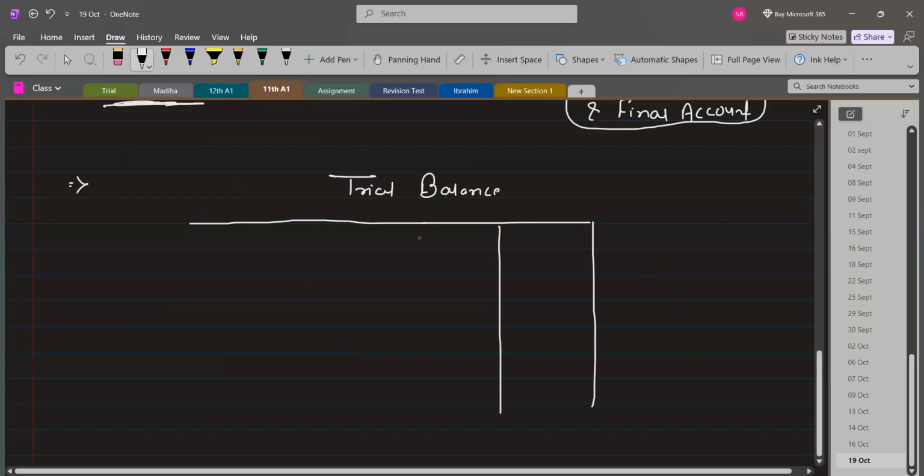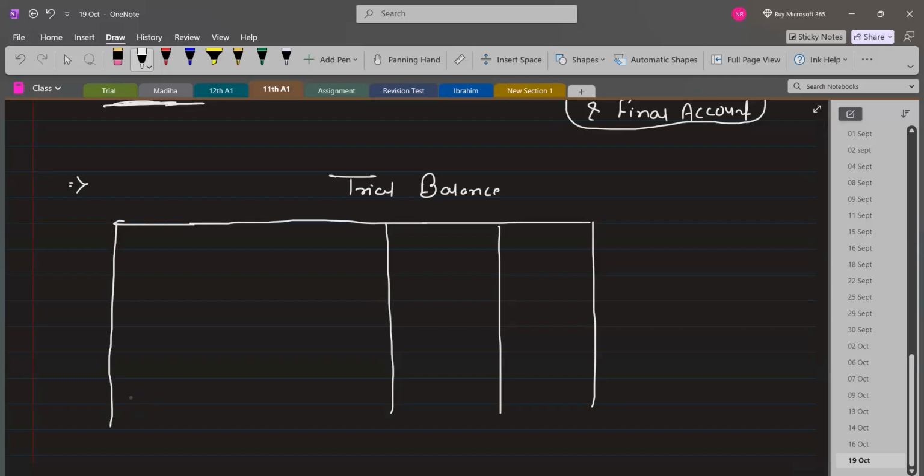This is the trial balance, and this is the list of accounts that is created in the ledger. I explained the ledger to you, Madiha. Abdullah has studied the ledger part before also, but I explained it in the previous class, and I told you that in journal entries many ledgers will come, and you have to create a separate format for each ledger.